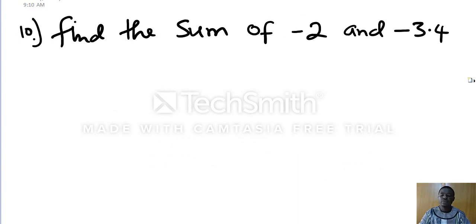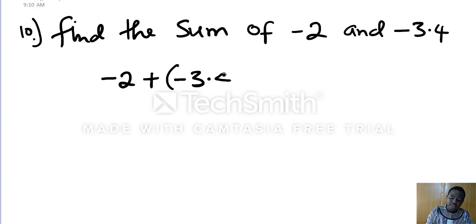Question 10 says we should find the sum of minus 2 and minus 3.4. That is minus 2 plus bracket open minus 3.4. Now, since they are both negative numbers, I will advise you just to sum both of them together and still retain the negative sign.